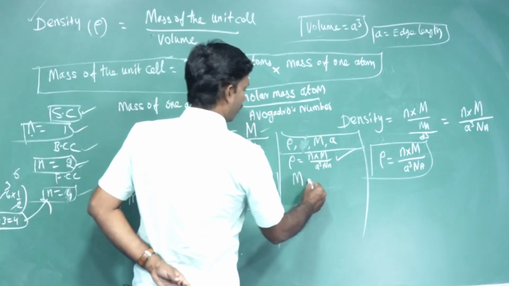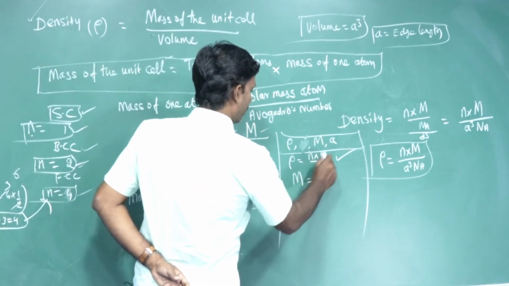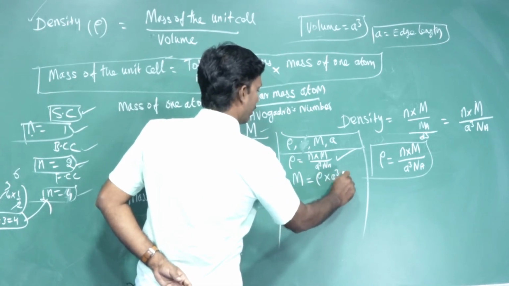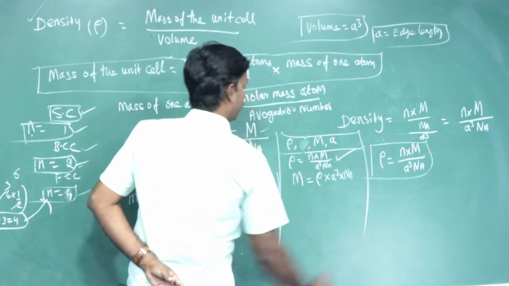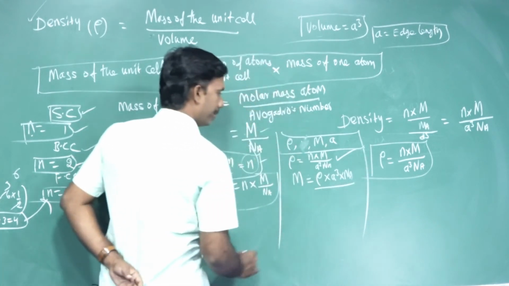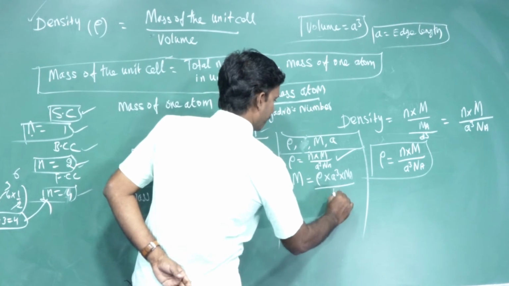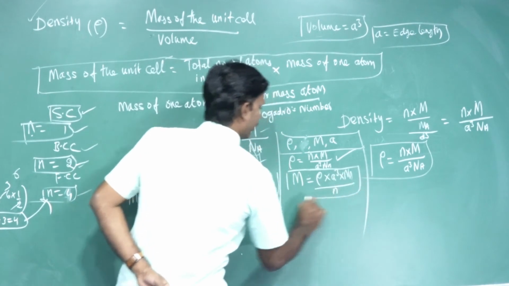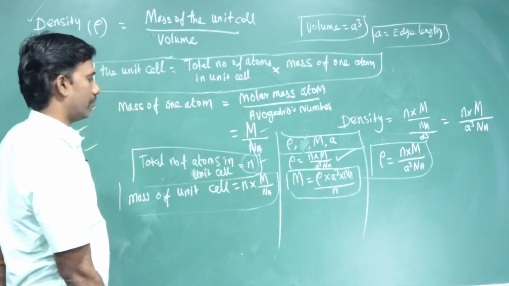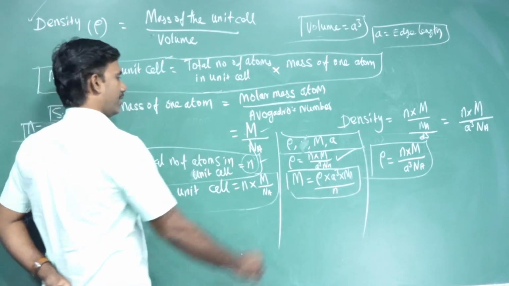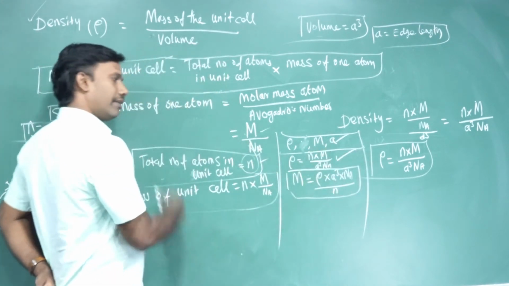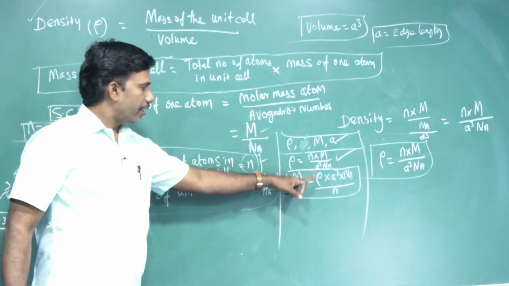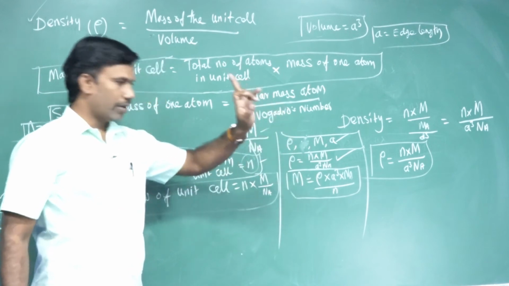If molecular mass M is asked, how do we convert the formula? Density rho will be given, edge length will be there, and the Avogadro number is already fixed, divided by n. Using this formula, you can calculate the molecular mass. Okay. Then what else? Edge length may be asked. The density is given to you, and the molar mass is already fixed.